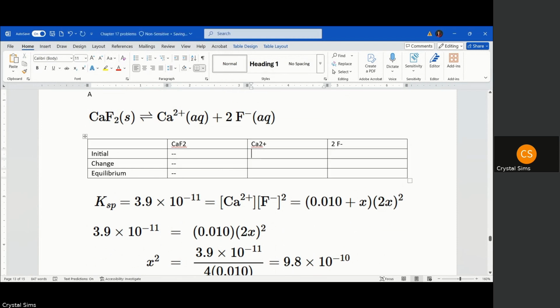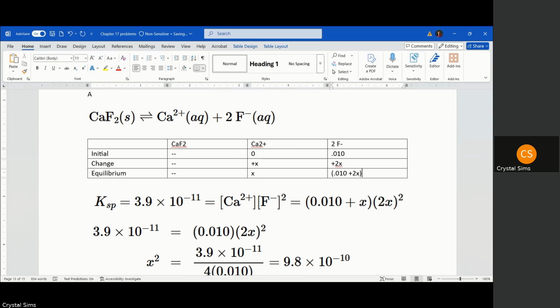So this time our initial concentration of the calcium is 0 and our common ion is fluoride, so it's going to be 0.010. We know that's going to change by X and this one by 2X. So we have X and 0.010 plus 2X.